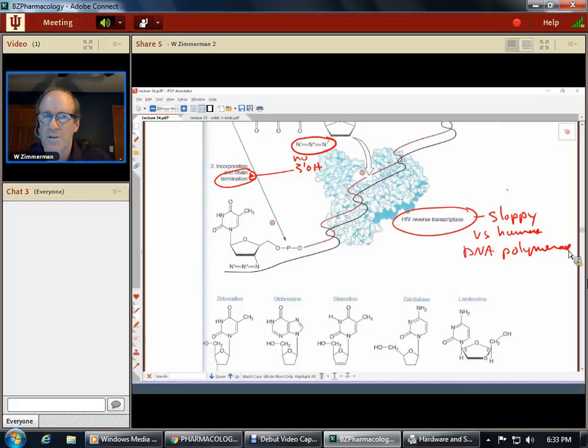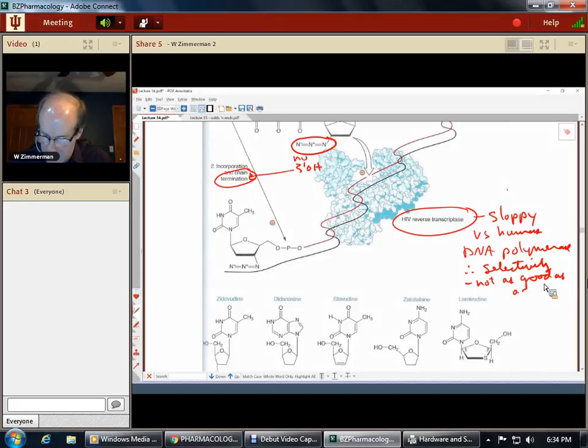And sadly, that's one of our main avenues of selectivity here. The human DNA polymerase is very selective, the viral isn't. So these drugs are far more toxic, therefore selective, but it's not as good as acyclovir by any means.